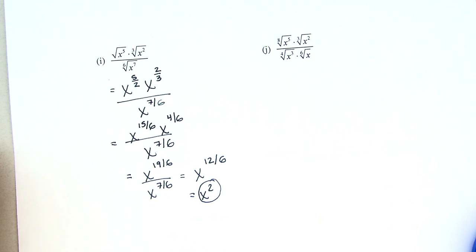Question, Hunter? You guys go try letter J. I think J is about as messy as they can get. You can do J. You're set.